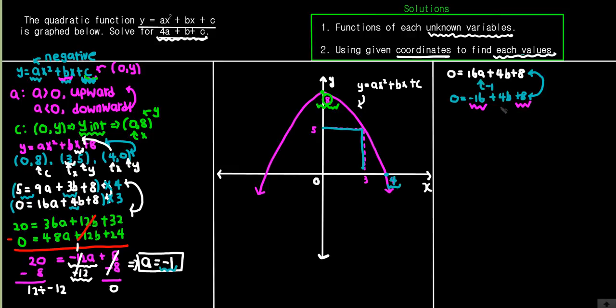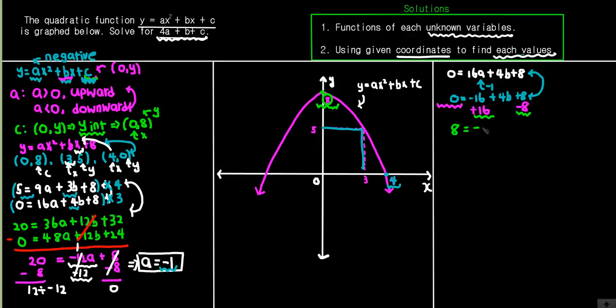Now we need to solve for the value of b, which means we need to isolate this term. At first we can subtract 8 and then add 16. But since we added 16 and subtracted 8, we also need to do the same step to the left side to keep the equality. Then 16 minus 8 turns into positive 8, which means we can just add 8 to the left side.